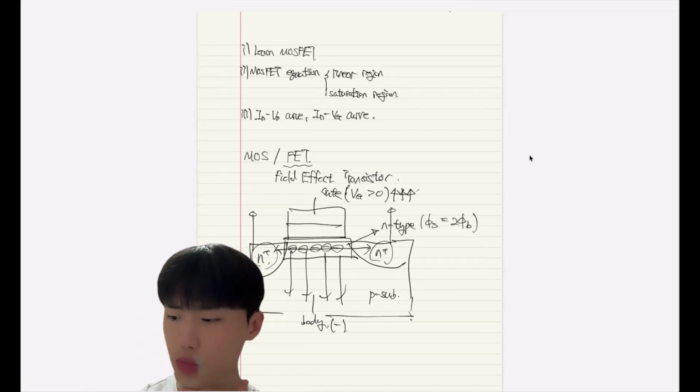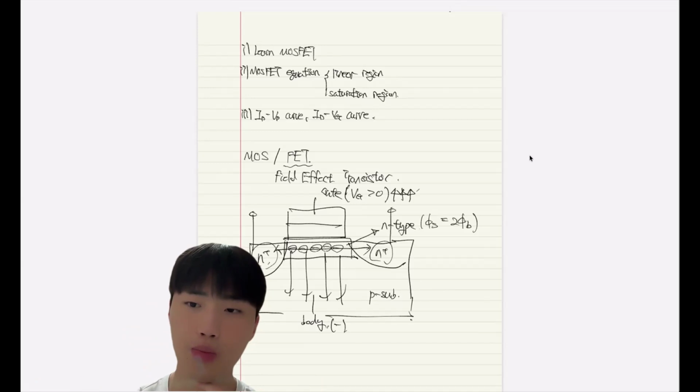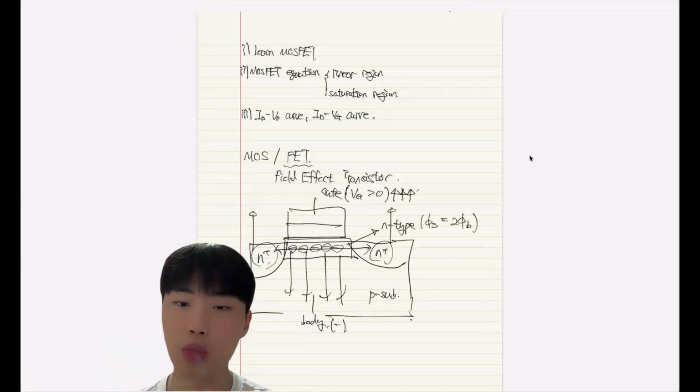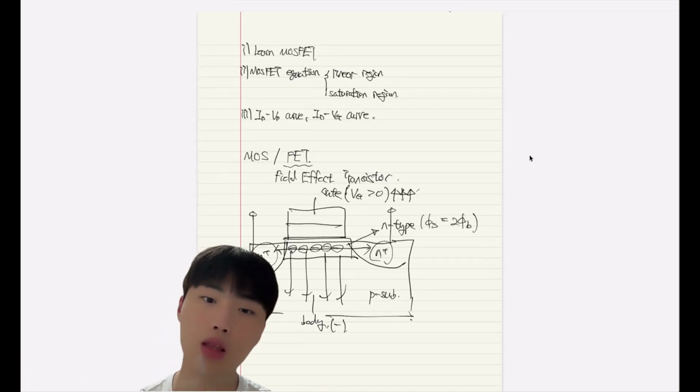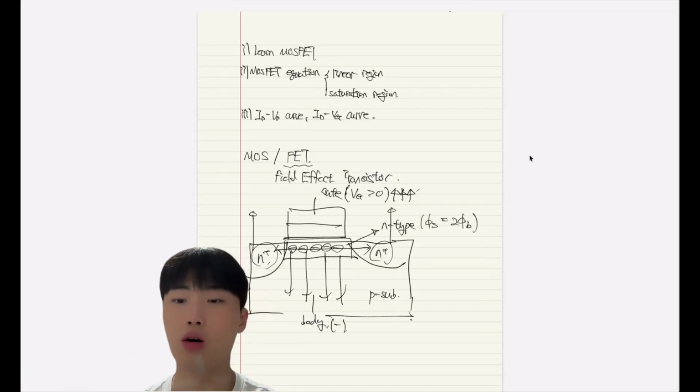The source is where we are injecting the carriers. So when we use N plus poly and inject electrons, that part will be the source. When we use P plus polysilicon and inject holes, that part will be the source.